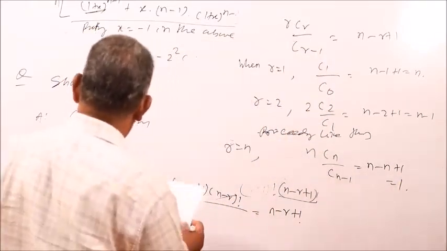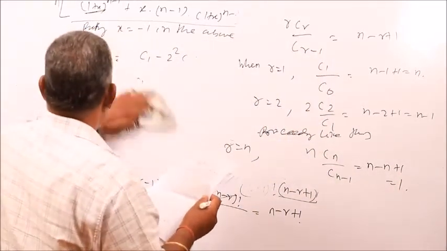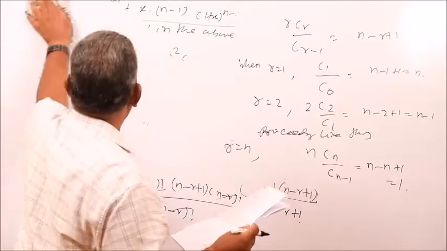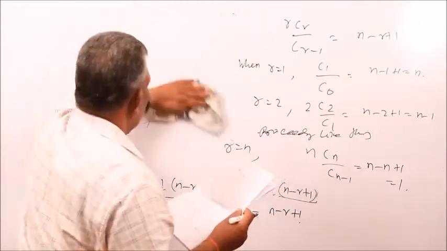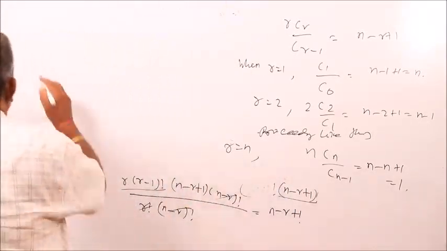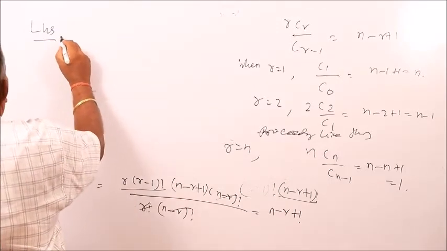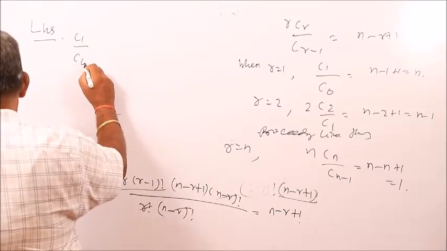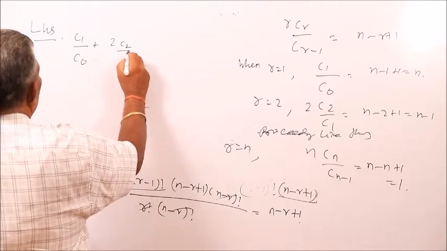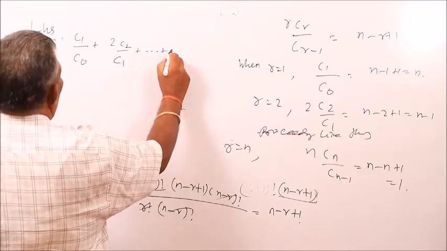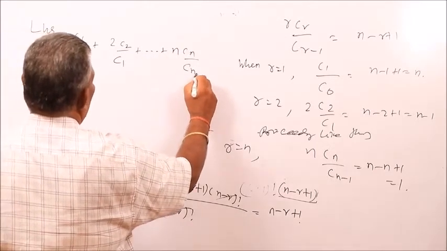So your question is, we have LHS equals C1 by C0, 2 C2 by C1, up to n Cn by Cn minus 1.